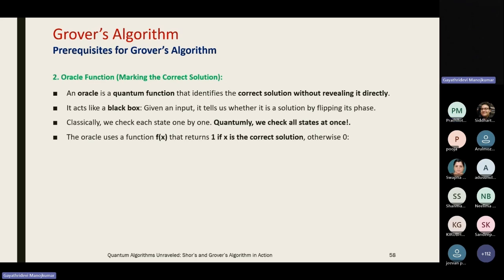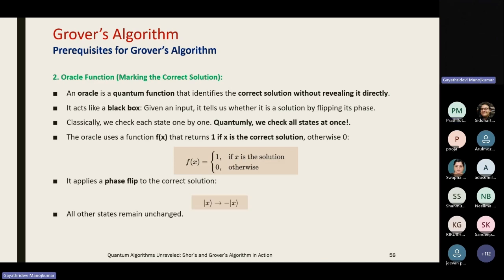For example, we can understand this oracle function by supposing we are searching for 101 as the correct solution. The oracle function applies the phase flip gate to the state 101, flipping its sign.